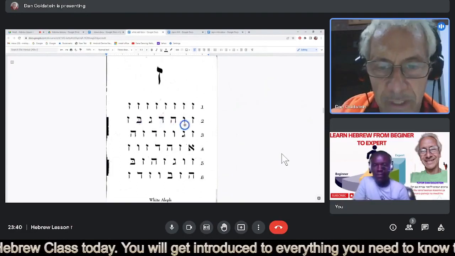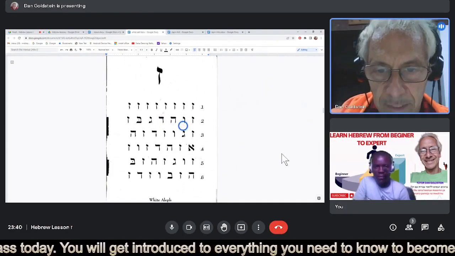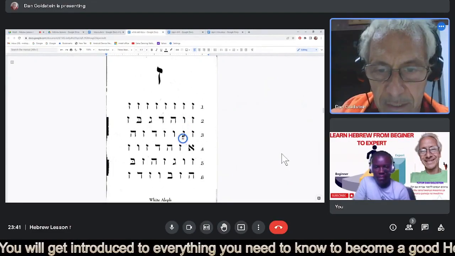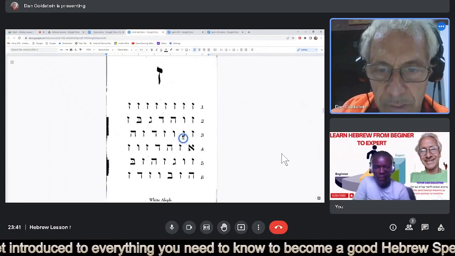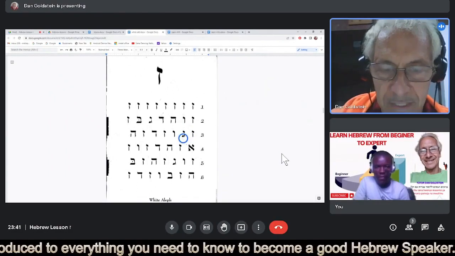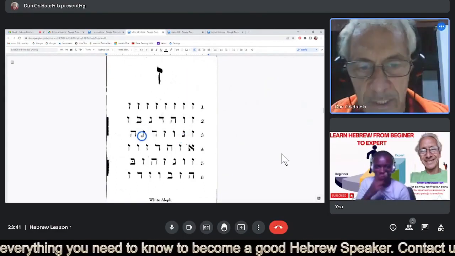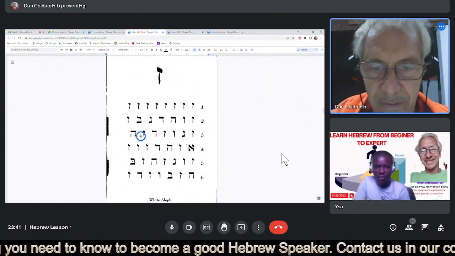If you look at the Gimel, you can see that it has a similar shape to the Zayin, except it has a foot. The Zayin has no foot. But it's very natural to see the Gimel, except that it has no foot, so it's a Zayin.